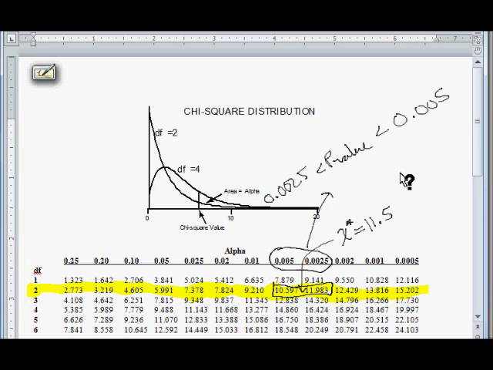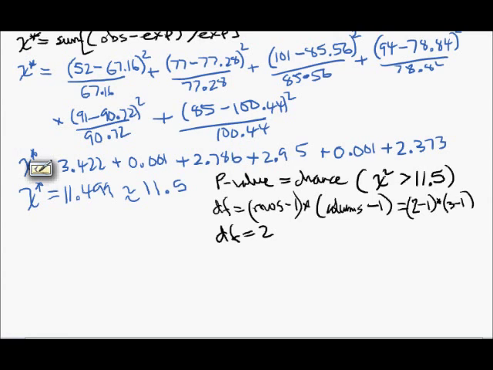Falls between those two. So you don't get an exact p-value, you get a range. It falls somewhere between those two values. So it's between 0.0025 and 0.005, because our chi-star value fell between those two numbers in the chi-square table under 2 degrees of freedom.